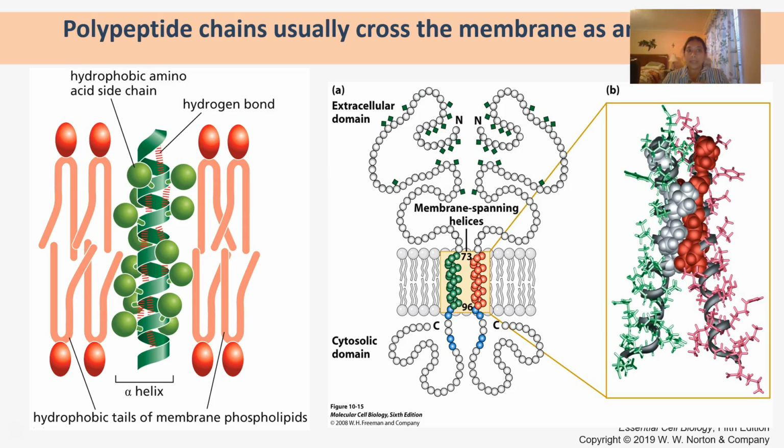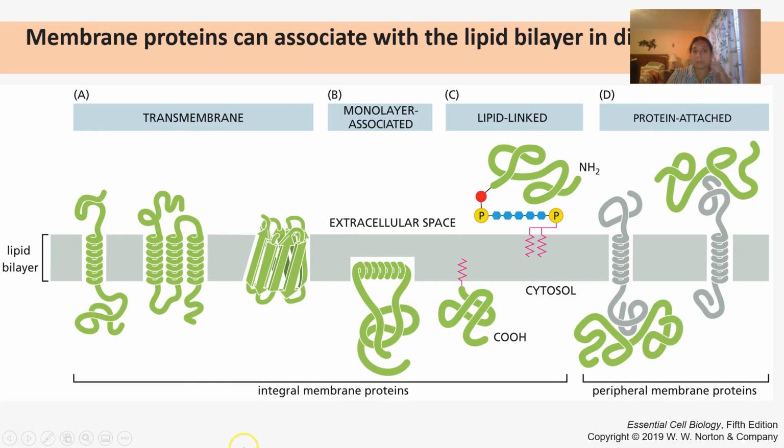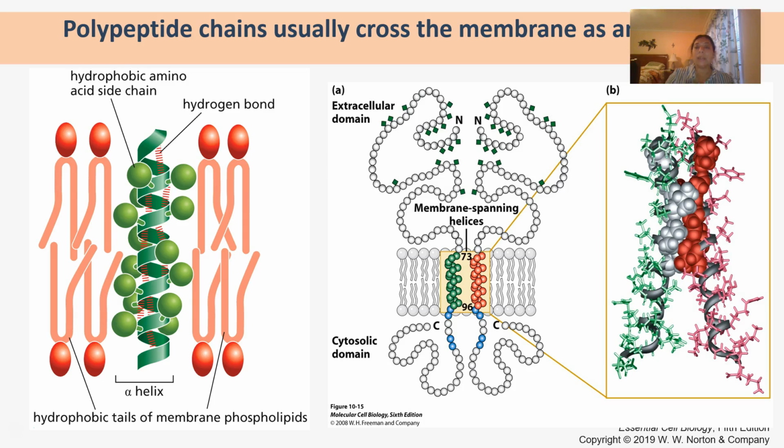So these proteins, these polypeptides, when they are integrated into the membrane space, these transmembrane proteins, when they are actually interacting with the lipid bilayer, are usually going to do that either through alpha helices or beta pleated sheets. Most of the time, they actually cross as alpha helices.